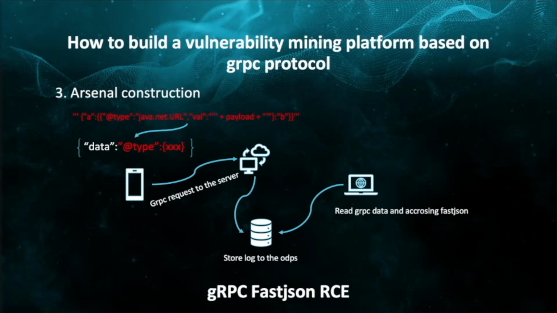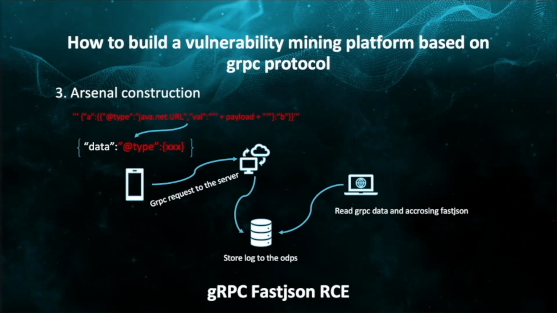Therefore, we implanted a fastjson remote command execution payload in the request, and we waited from day to night, thinking it might not be successful. We received the corresponding result confirming the success of the execution.